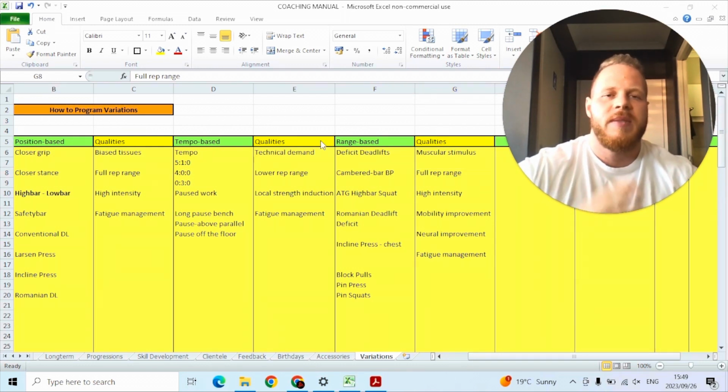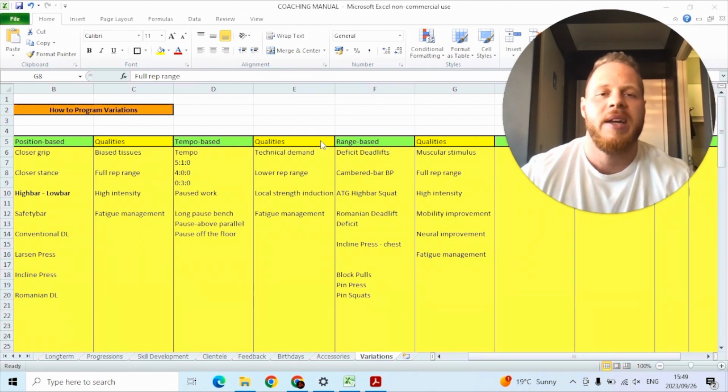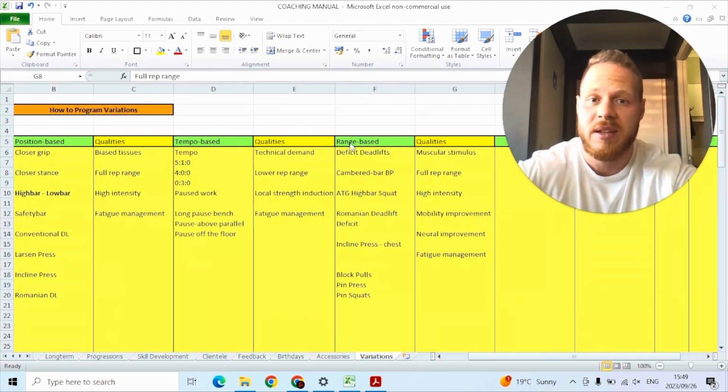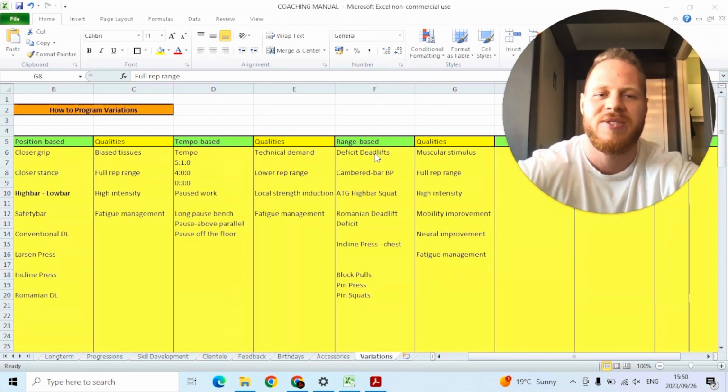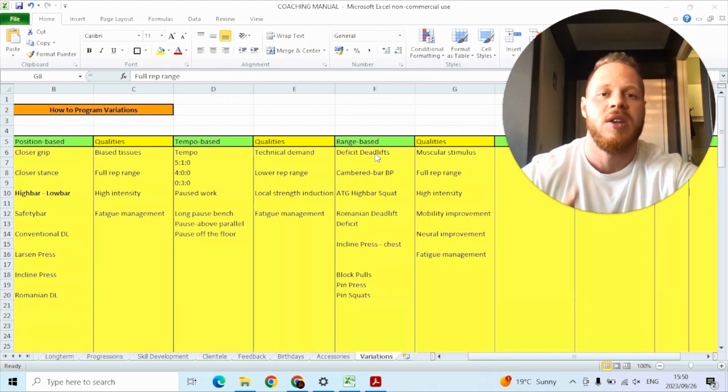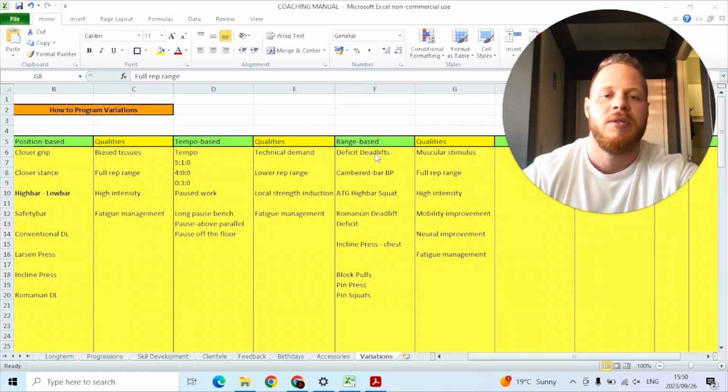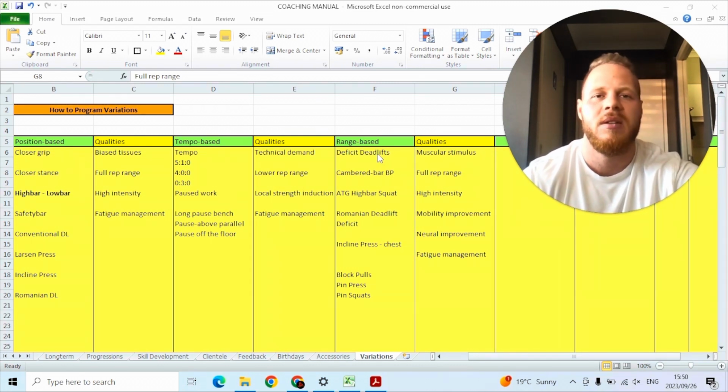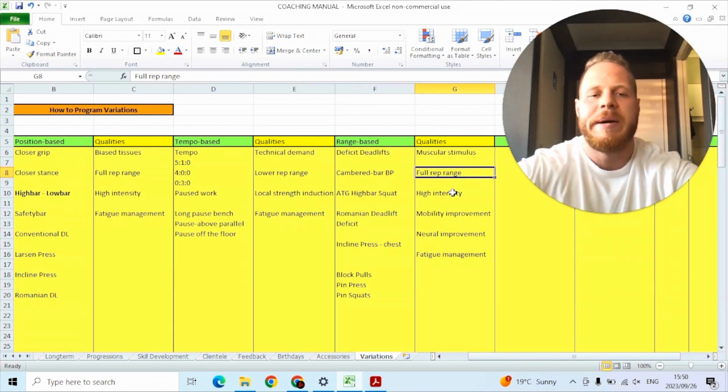So given that, we've got a high intensity here. Again, with these increased range of motion variations, you'll be surprised by how much weight you need to strip off the bar to be able to achieve this. Increasing range of motion can be a really big deal, probably an ego buster to some extent as well.